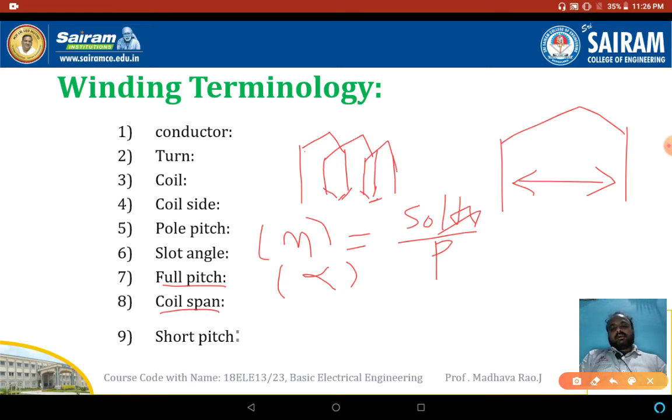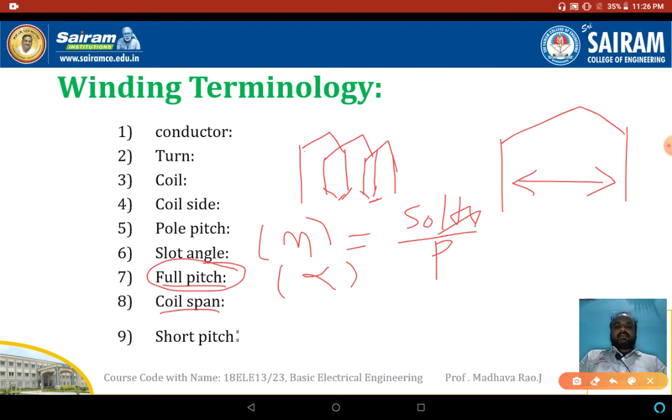Next one, short pitch. We have already discussed full pitch: one conductor in one slot is connected to another conductor in another slot one pole pitch away. Short pitch means one conductor in one slot is connected to another conductor in another slot less than the pole pitch. These are the definitions.